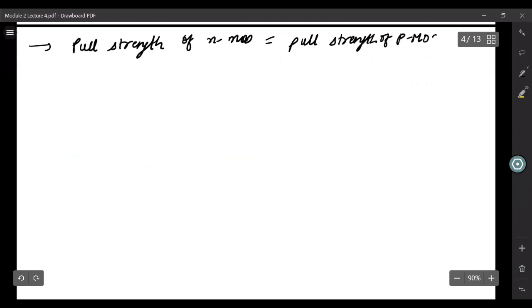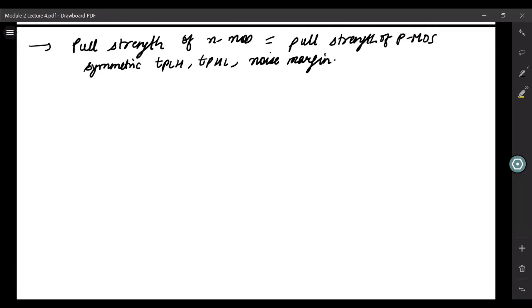Why so? There are many conditions. First, symmetric tPLH and tPHL. Then we also cared about noise margins. The noise margin should be as high as possible, and because of that you also want the strength of NMOS to be equal to the strength of PMOS.